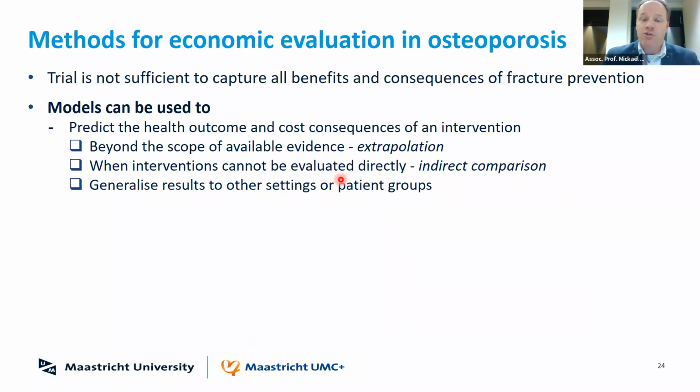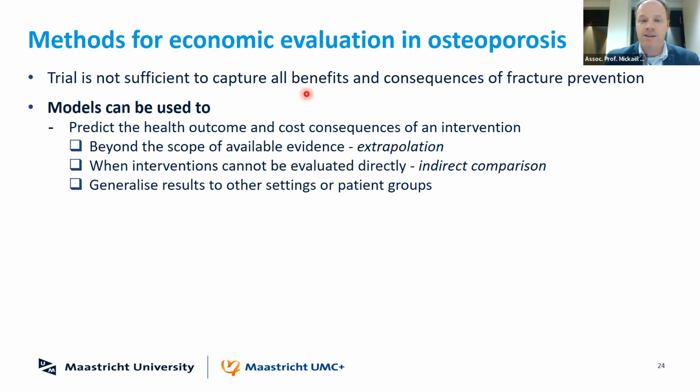Regarding the methods for economic evaluation, I will not explain them in detail because otherwise I would need a few hours to do it, but just a few information to explain you how does it work. And first of all, a trial is not sufficient to capture all of the benefits, costs, and consequences of fracture prevention.